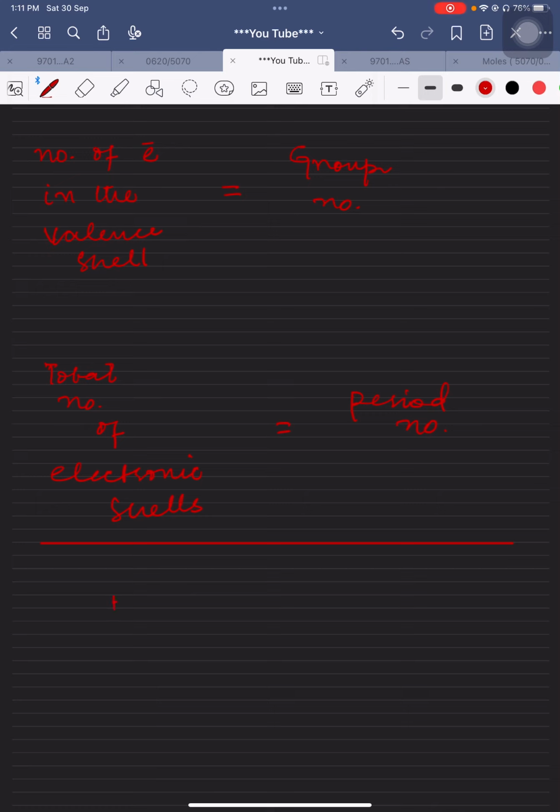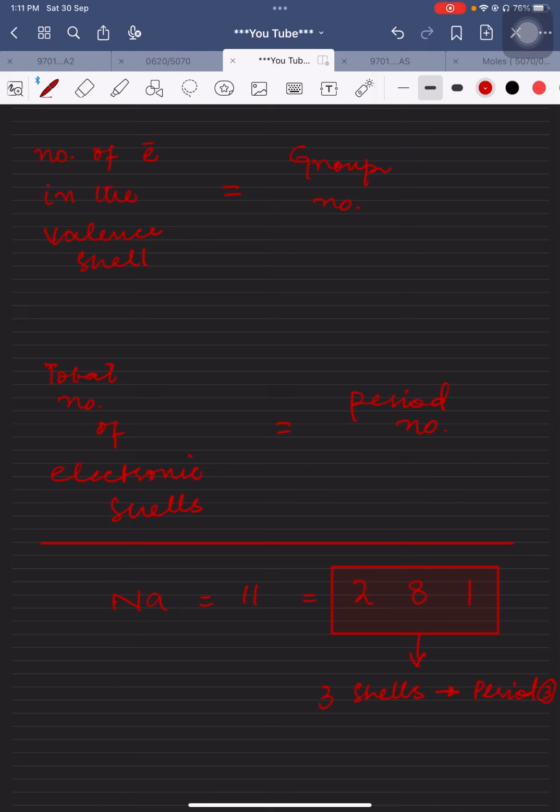What is the meaning of these two statements? For example, let's consider sodium. It has an atomic number of 11. It has an electronic configuration of 2, 8, 1. So how many electronic shells are there in total? Three shells. 11 electrons and three shells, so which period? Period number 3.